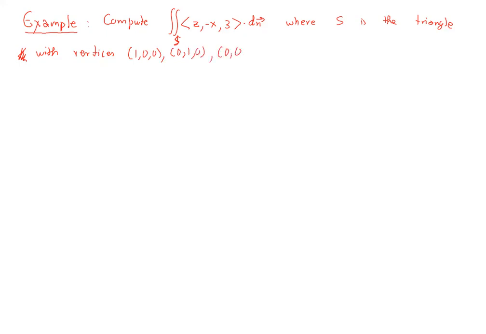Compute the vector surface integral of the vector field (z, minus x, 3) dot dn, where S is the triangle with vertices (1, 0, 0), (0, 1, 0), and (0, 0, 1), oriented with the upward normal.